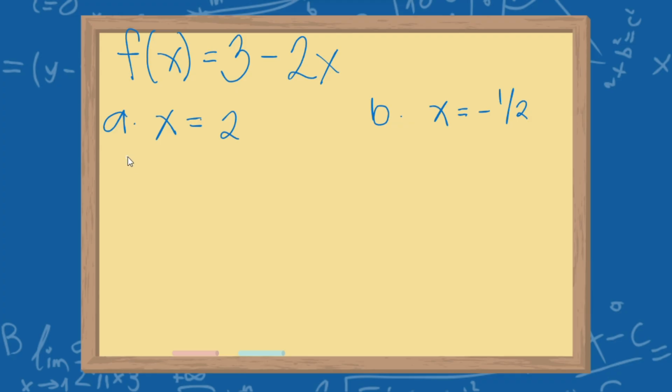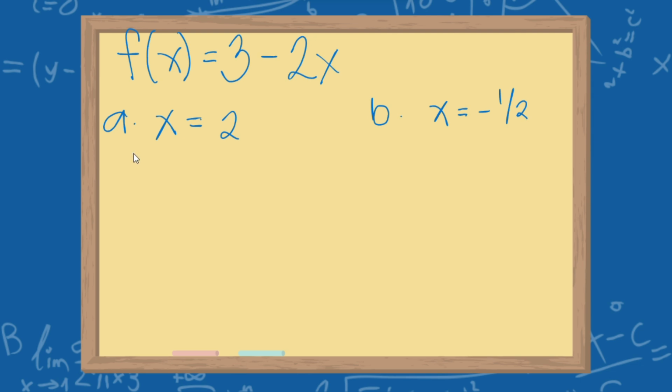Okay, so let's try solving this example with the function given f of x is equal to 3 minus 2x. And let us try to get the value or evaluate the function at x is equal to 2.